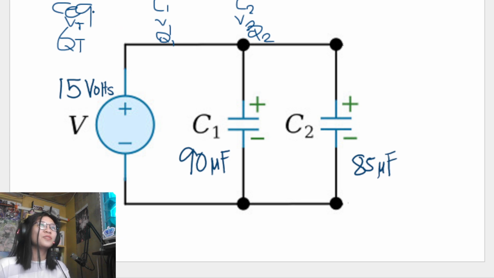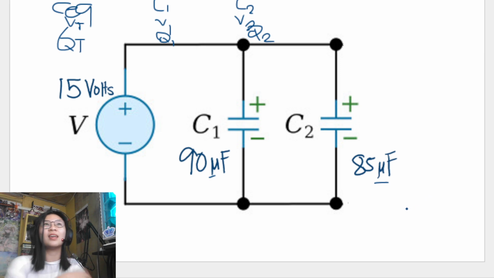Okay, so first we will solve for the CQ. The CQ in parallel is just adding the two of them. As you can see, they both have micro, microfarad.